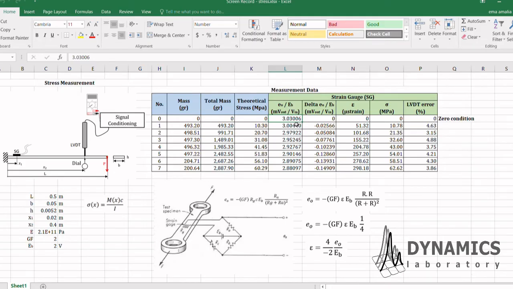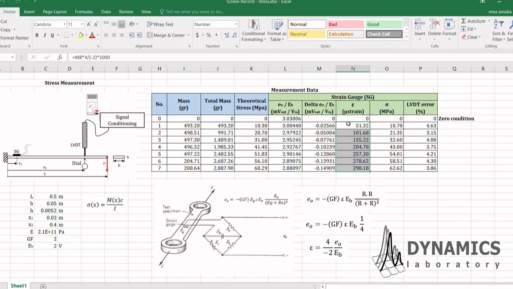I wrote it in this column as a result of the subtraction. Next step, we can calculate the strain based on this formula. As you can see here, the previous result is divided by -2, multiplied by 4, and multiplied by 1000 in order to convert to microstrain unit.